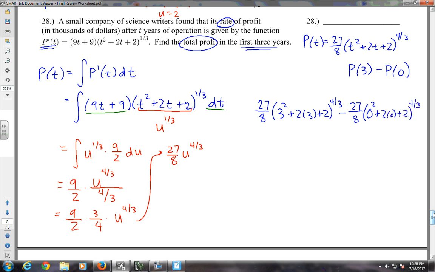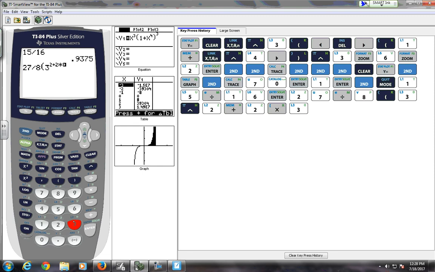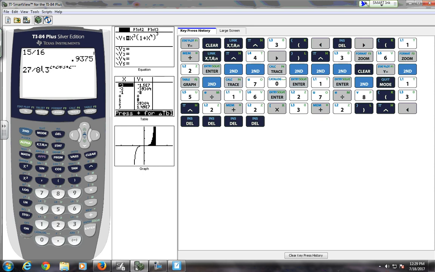You didn't think I'd let you end up with an easy one, right? The very last problem. Let's evaluate with our calculator. So we have 27 over 8 times, first we plug in 3. 3 squared plus 2 times 3 plus 2. Uh-oh. Going too fast, not paying attention.